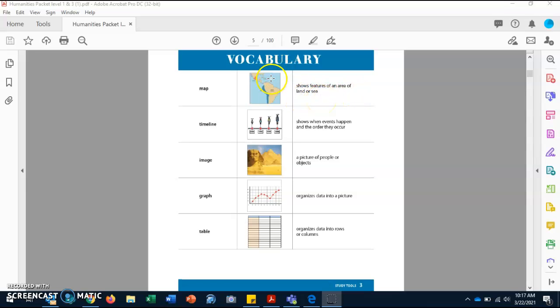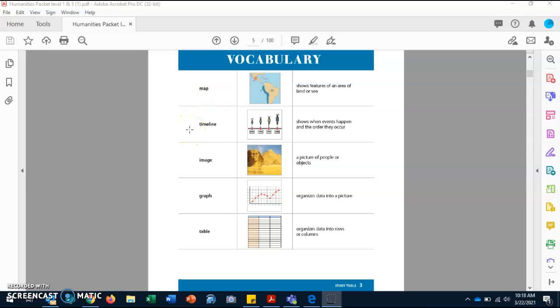So a map is always going to show us an area of land or of water. And there are many types of maps. Some maps might show you just the United States. Others might show you the world. Here they're showing us a continent and the ocean. So there's many different ones. However, a map is the same thing. It shows features of an area of land or sea.